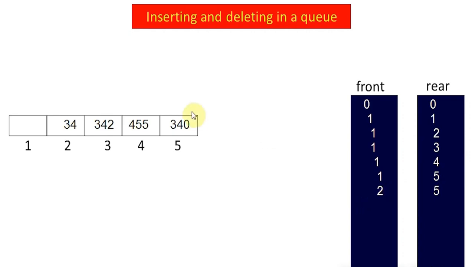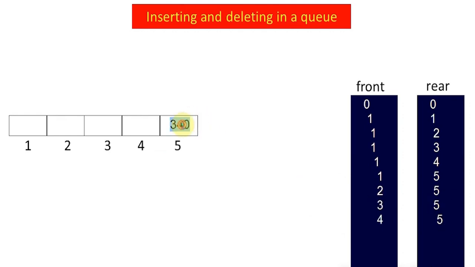Again, I want to delete the element. So front is 3, and rear remains 5. Again delete it. Front becomes 4. Value of rear will remain the same.